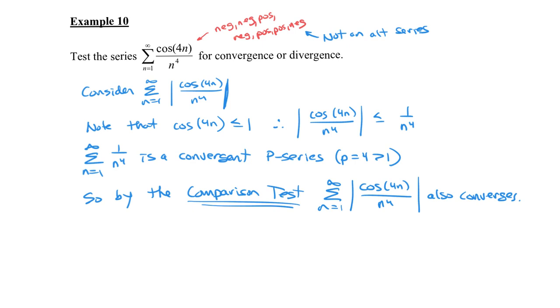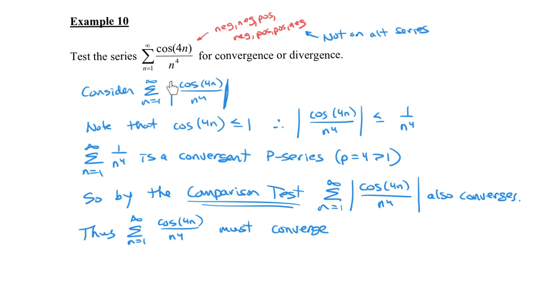So in other words, if I take a series and I wrap it up in absolute value and it converges, that means the original series also converges. Right? So then we could say, thus, our original series, cosine of 4n over n to the 4th, must converge, because absolute convergence implies convergence.